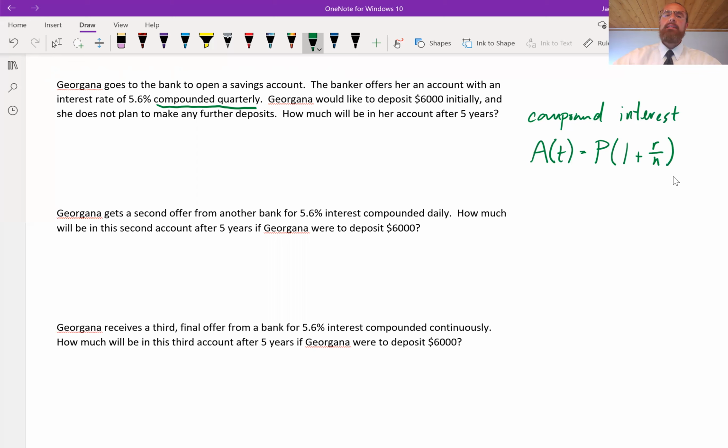And then we're raising that to the power of n times t, where t is about how much time has passed.